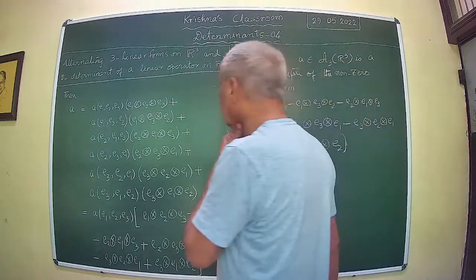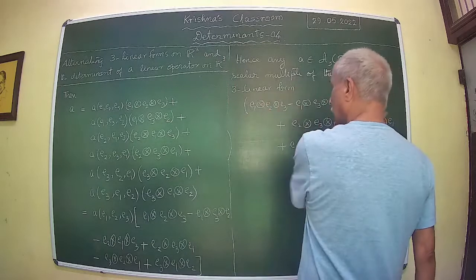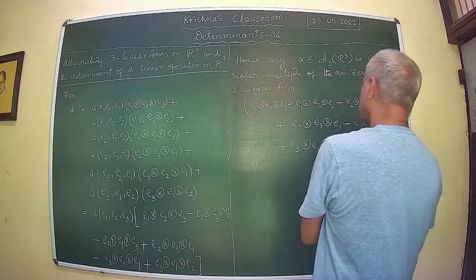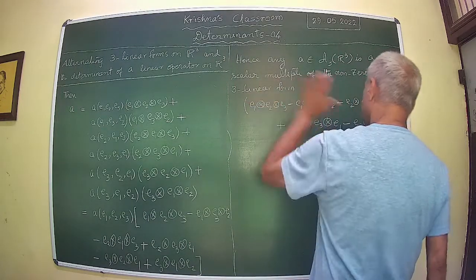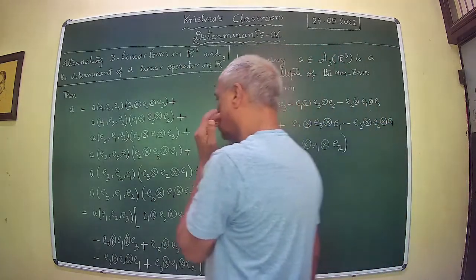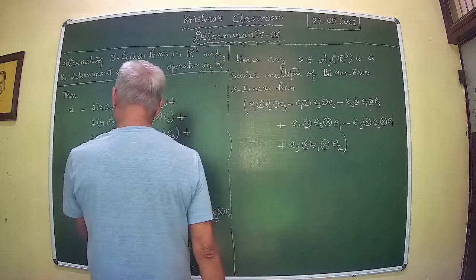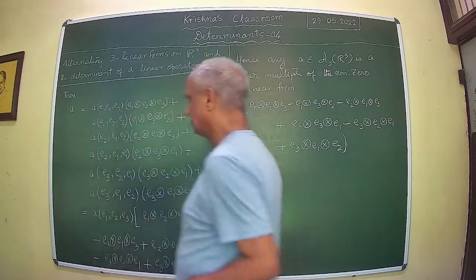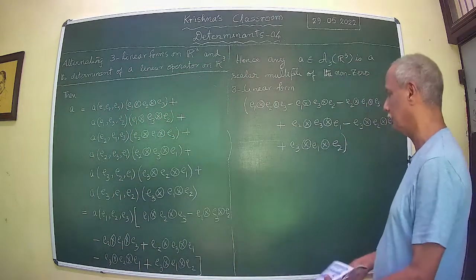So every alternating three-linear form is a scalar multiple of this, and the scalar is the value of A at E1, E2, E3. Okay, so that's what we have proved.